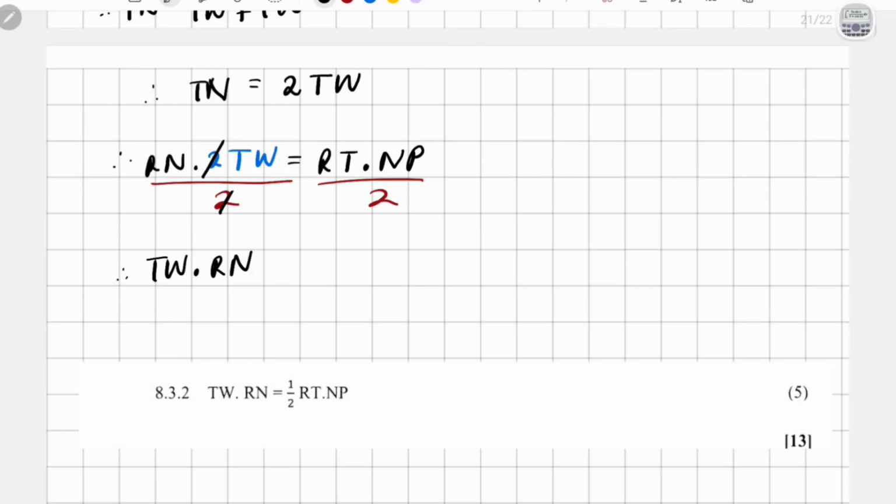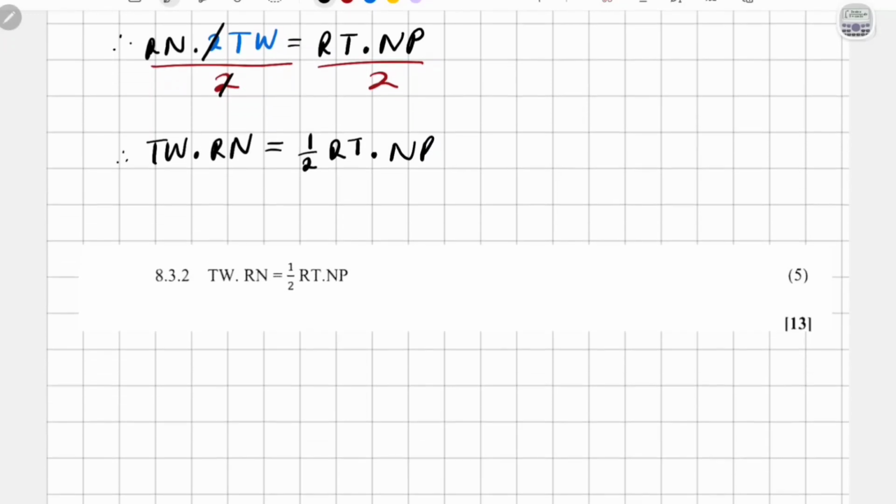The 2's cancel, is equal to, and then look at how I can rewrite this. In front of RT, you have an invisible coefficient of 1. So you can write that as 1 over 2, multiplied by, 1 over 2 as a coefficient of RT. So I can just say RT multiplied by NP. And that's how they got that.